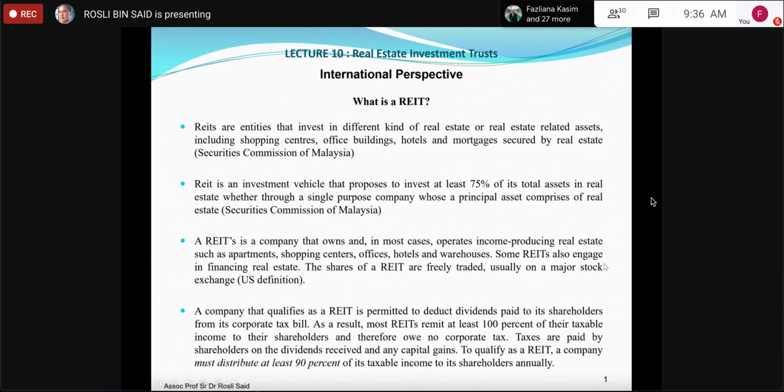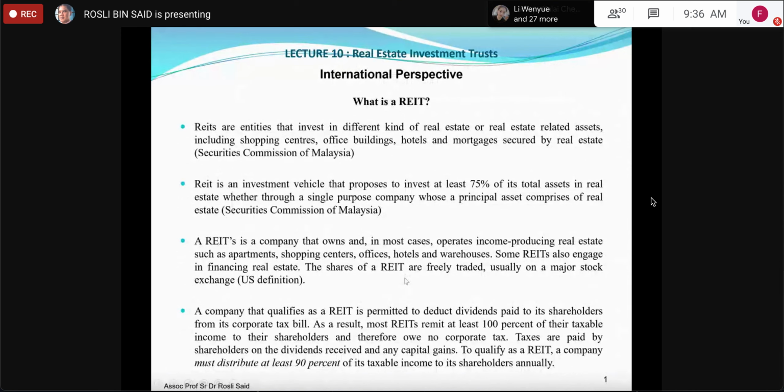Some REITs also engage in financing real estate. So this is the difference. You have to remember this. REITs in the US can also engage in real estate financing, but not in Malaysia. In Malaysia, REITs are not allowed to engage in financing of real estate, because financing real estate should come from financial institutions.